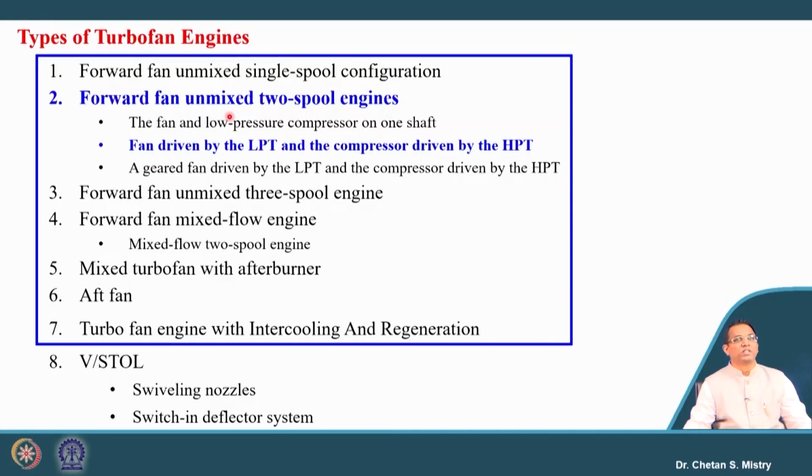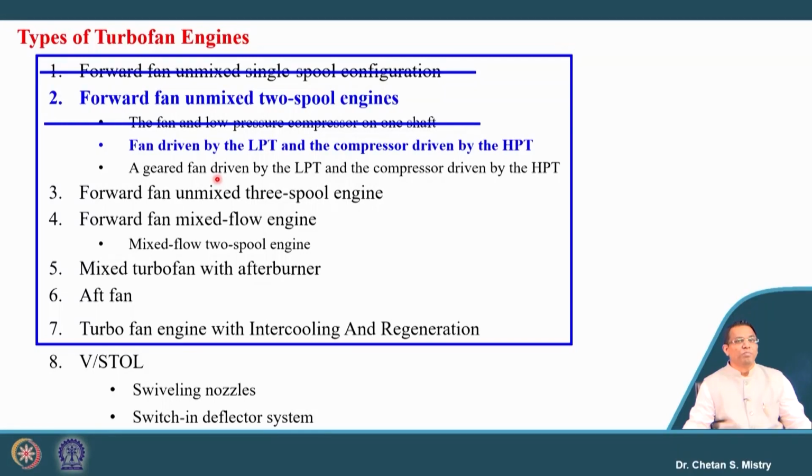Now, let us move towards the next configuration. What have we discussed? We have discussed the unmixed single spool configuration. We have started discussing the two spool configuration, in which the fan and low pressure compressor are on one shaft.